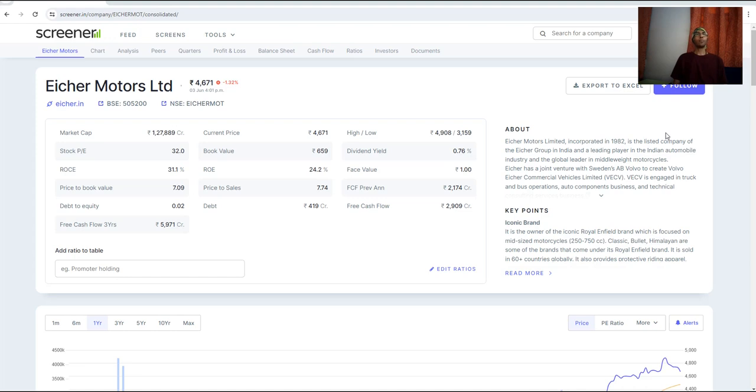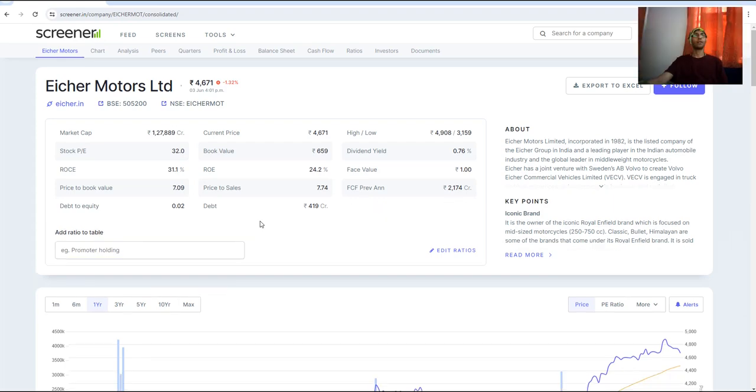Now, friends, if you compare our cost of capital, which is 11.751%, with the return on equity, then you will find that we are on that side of the coin where the book value will be less than our projected intrinsic value per share, which we find out through residual income model.